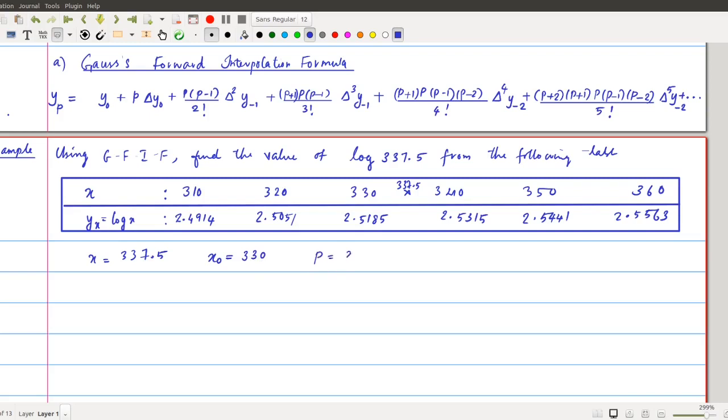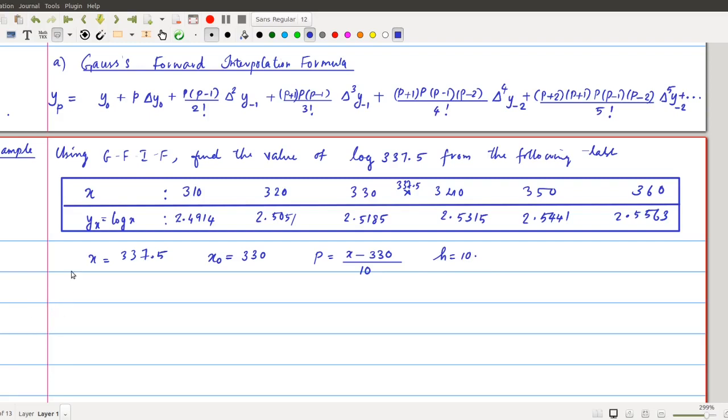P is x minus 330 divided by 10, where 10 is the interval of differencing. This is 310, 320, 330, 340, 350, 360. So the interval of differencing is equal, that is 10. So p is defined as x minus 330 divided by 10, since our h is equal to 10.